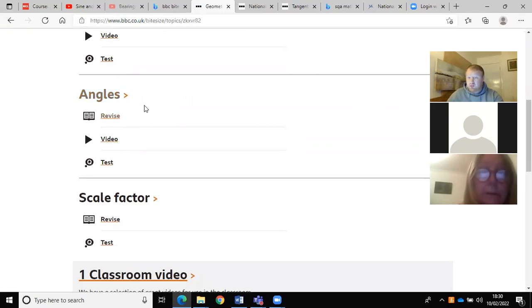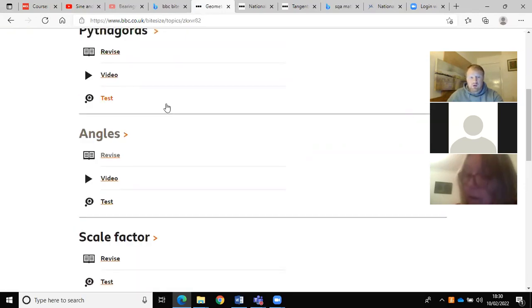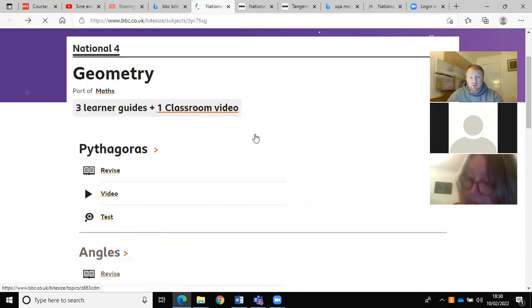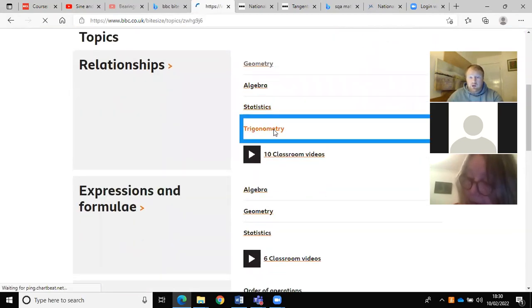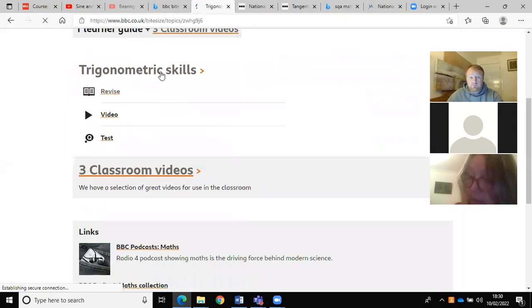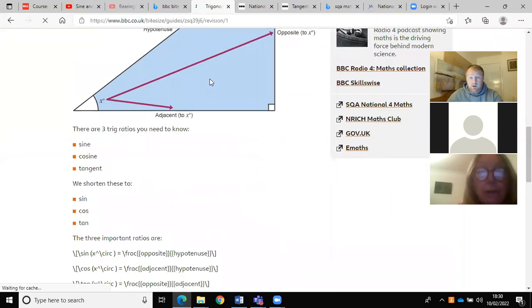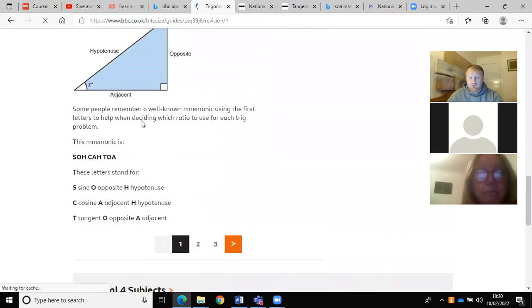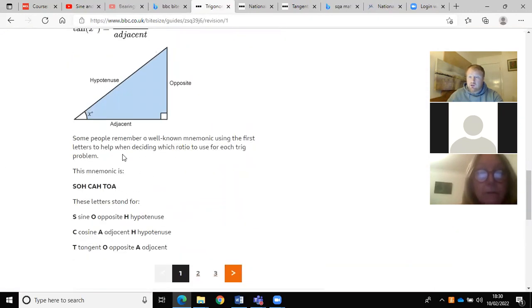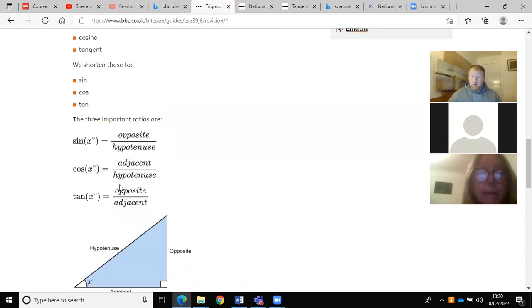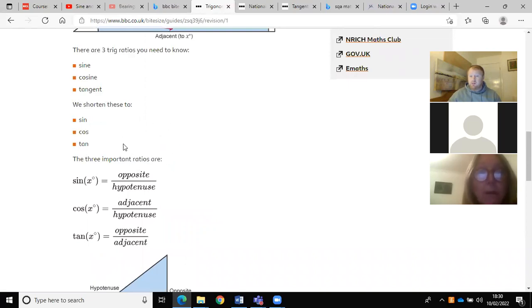There's stuff on angles if you want any refreshers, and also stuff on Pythagoras. If you look at trigonometry, that should give you your SohCahToa. I'm just going to do a wee refresher, but if you want a wee bit more depth or you've missed something, come back into Bitesize, Nat 4 Bitesize maths, and you'll pick that up there.